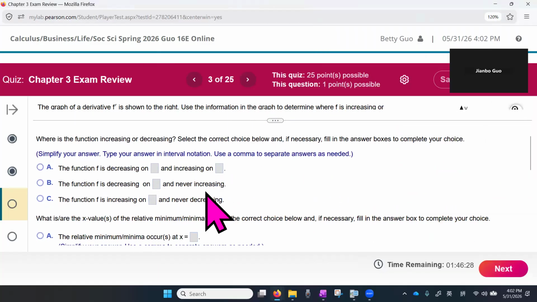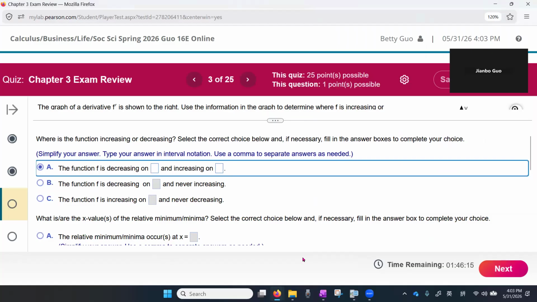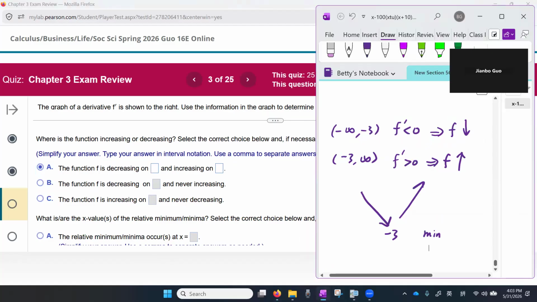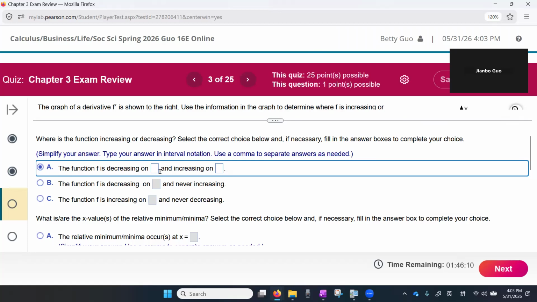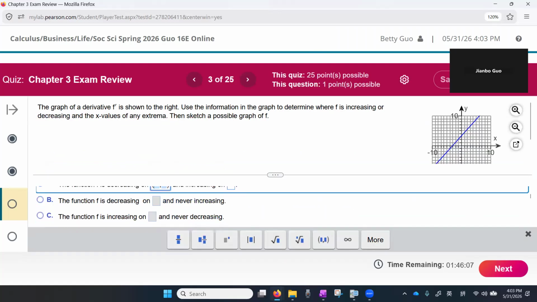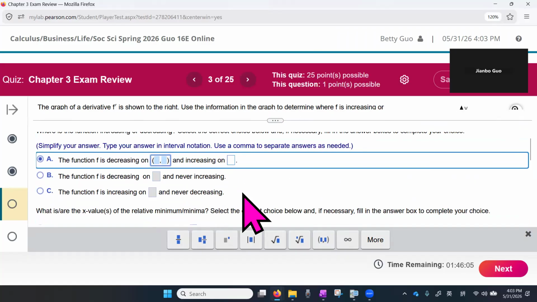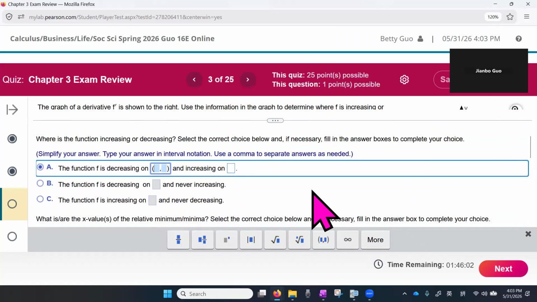Let's see, how do we choose the correct answer? Okay, so we should choose A. The function is decreasing from negative infinity to 93 and increasing from 93 to positive infinity.